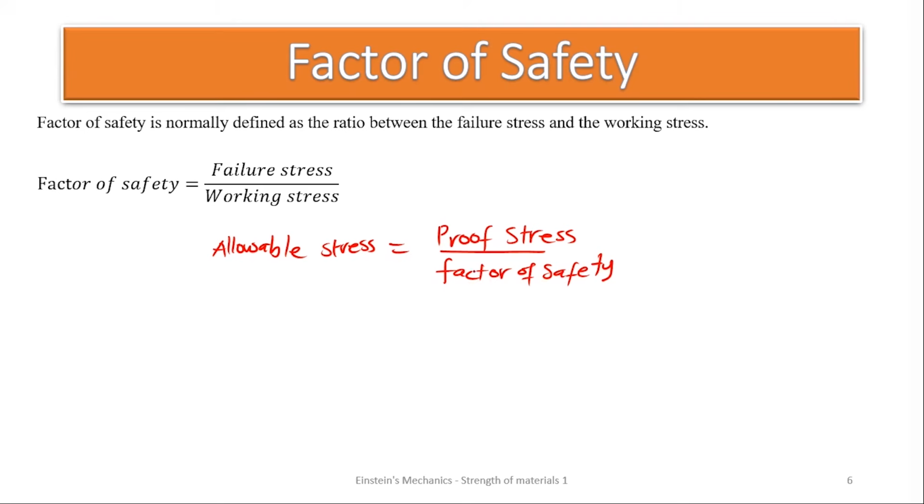The proof stress over factor of safety, or allowable stress, can also be calculated from ultimate stress, the maximum stress over factor of safety.